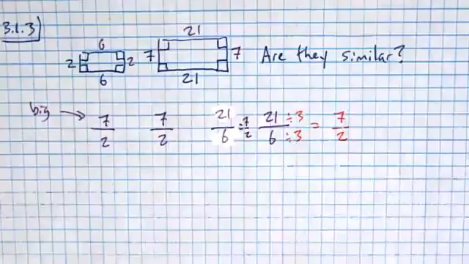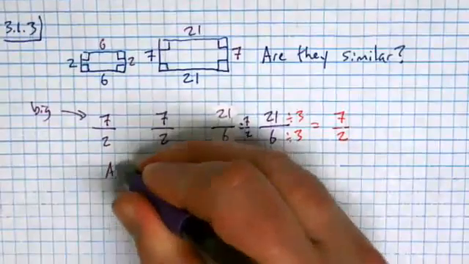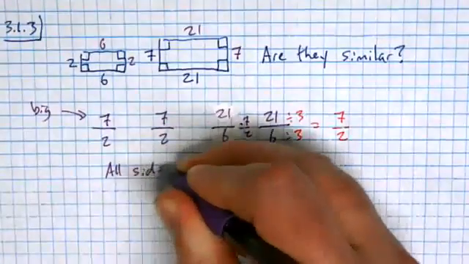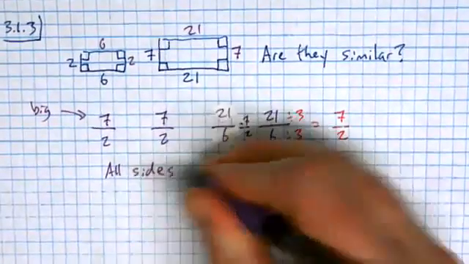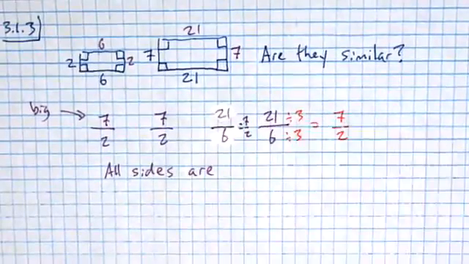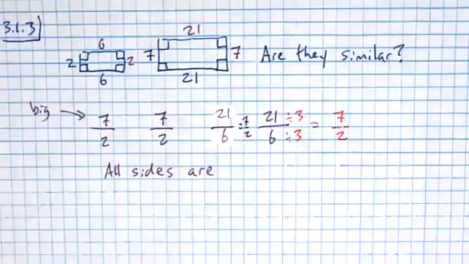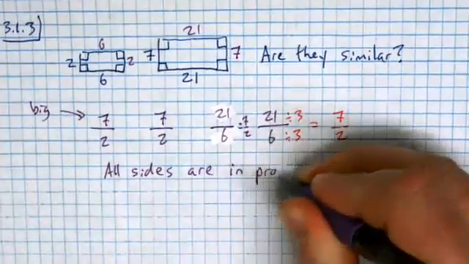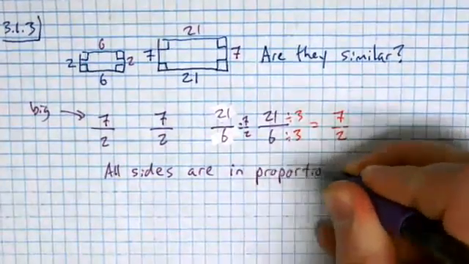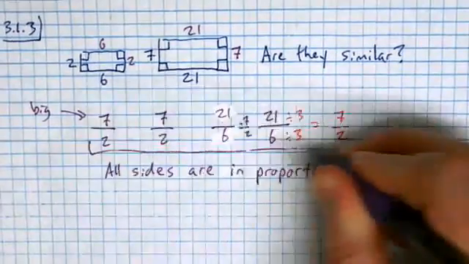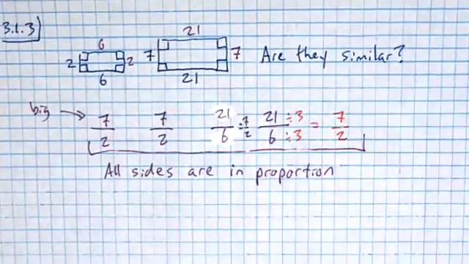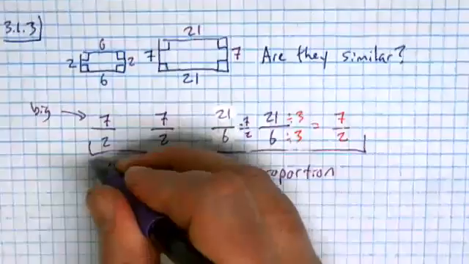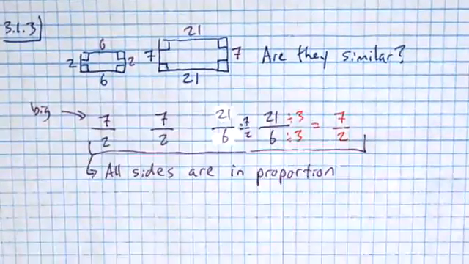Which means that all sides, and please write this out, all sides are, remind me what the word is, in proportion, thank you. When I say they're in proportion, that means that the sides make the same fraction.